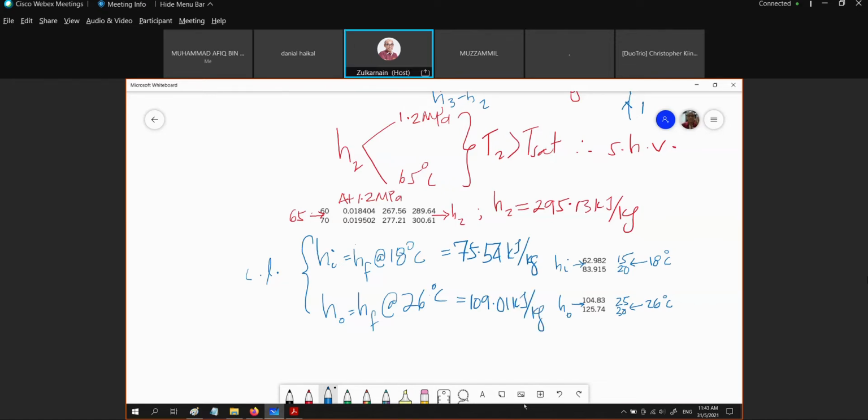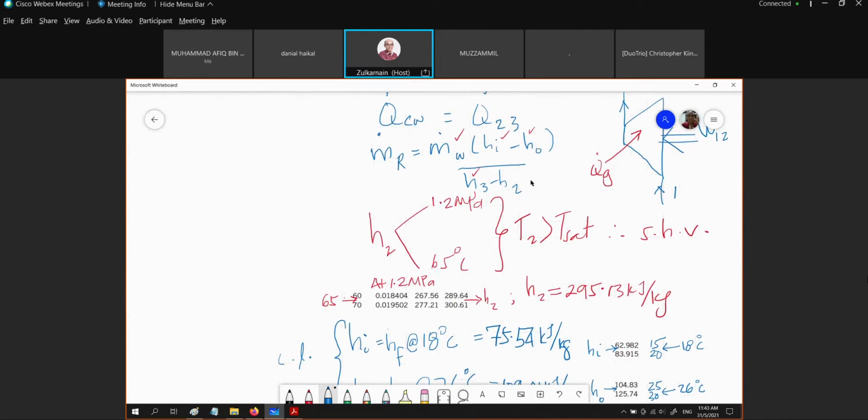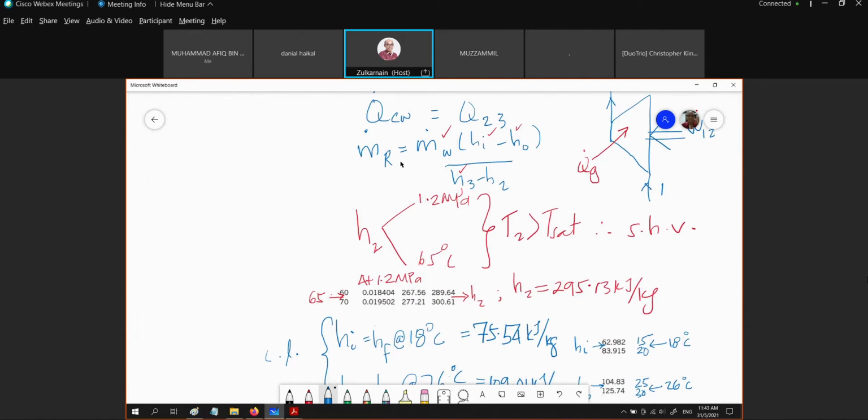So now we have all the values, put them inside this equation and get m dot r.